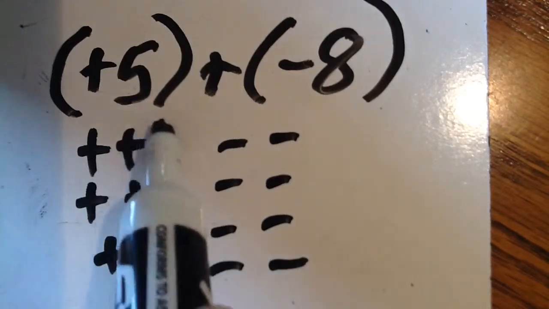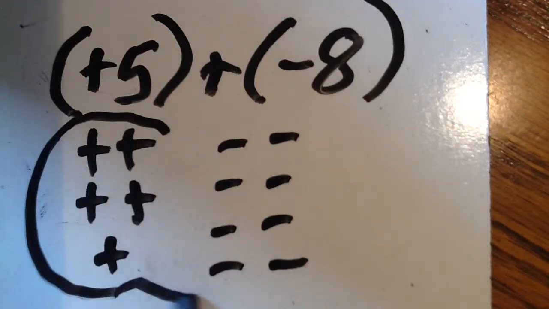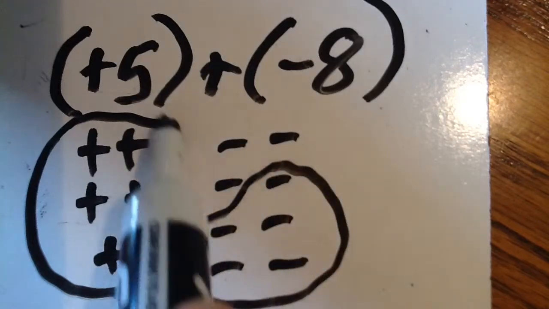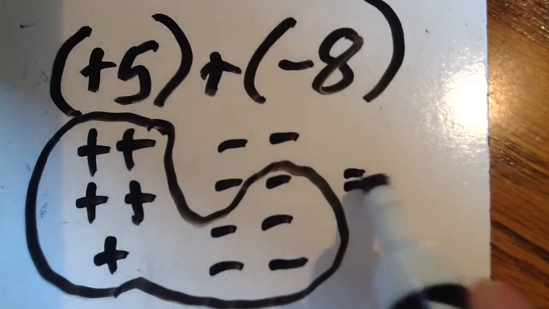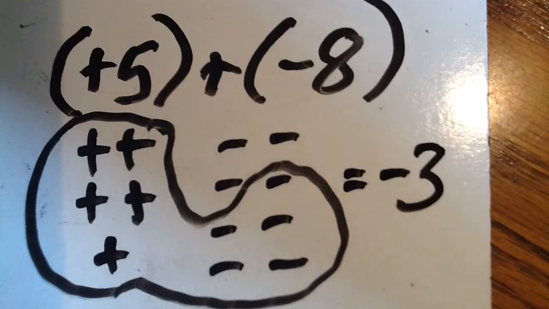Okay, zero pairs go away. There's 5 zero pairs, and you're left with, you got it, -3. So hopefully with the discs and with the zero pairs, the positive and negative signs will help you add integers.